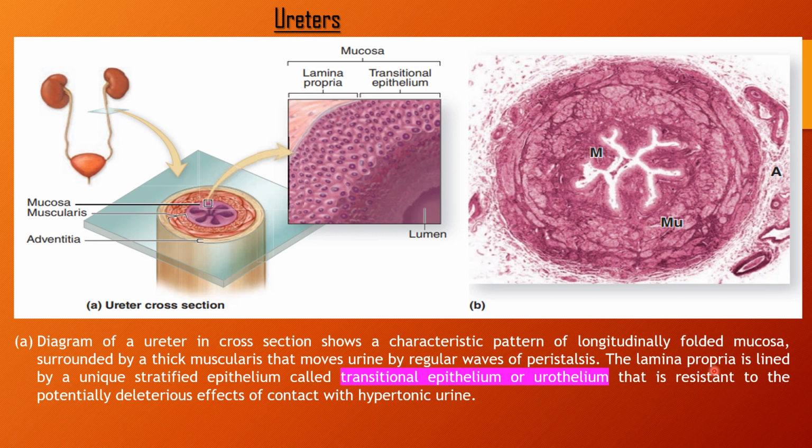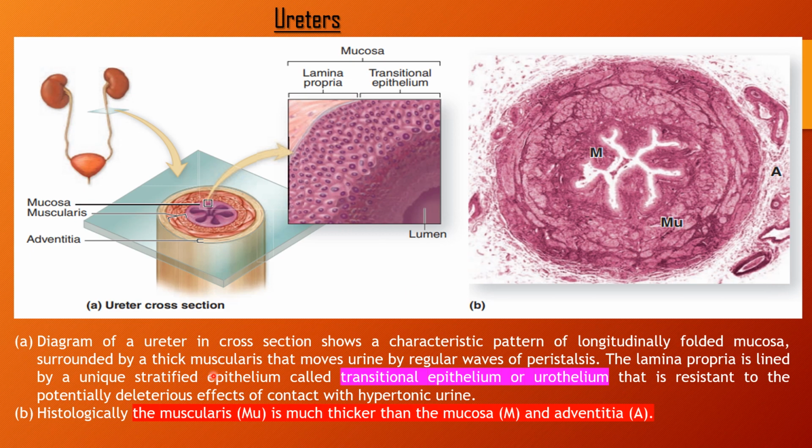The lamina propria is lined by a unique stratified epithelium called the transitional epithelium or the urothelium, which is resistant to the potentially deleterious effect of contact with hypertonic urine.